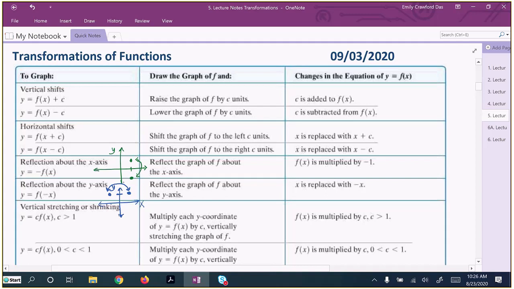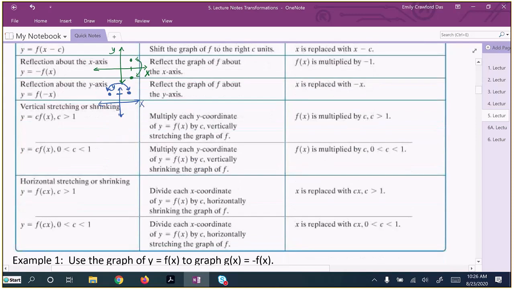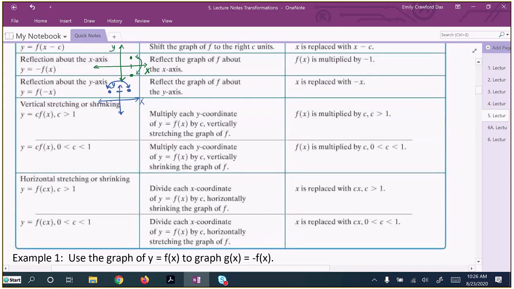What else do we have? Well, we also have vertical stretching or shrinking and horizontal stretching or shrinking. So vertical stretching or shrinking, by now we understand this is going to be a change to our y-coordinate. And how will we recognize it? Well, algebraically it's going to look like some real number c multiplied with the y-coordinate, or multiplied with the entire function.